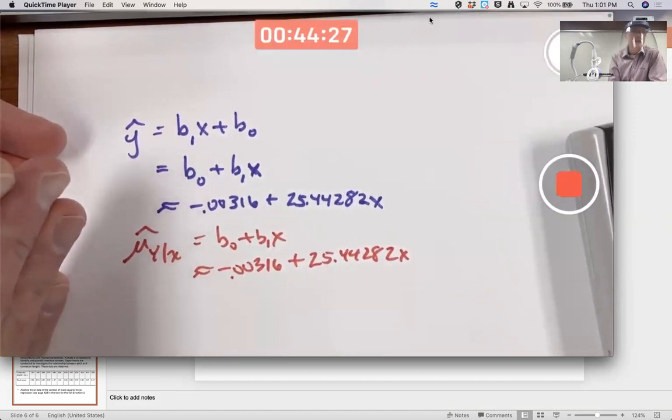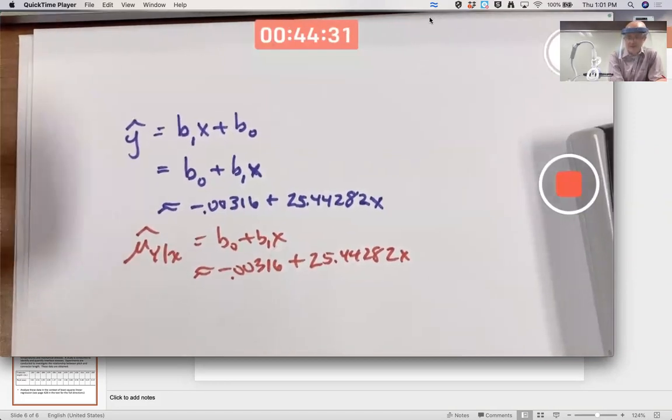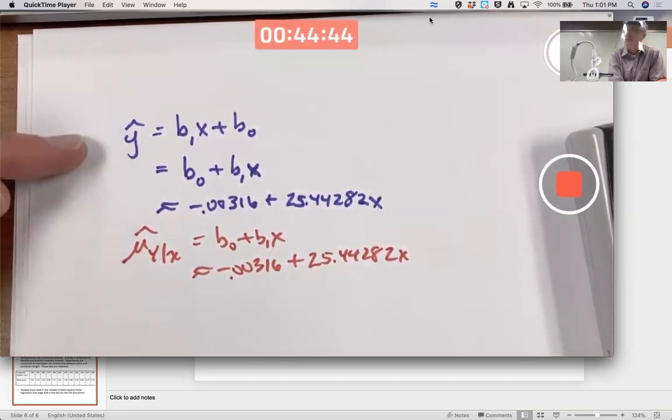You might think it's more valid, perhaps, to use it to estimate the mean, and that's especially true when your data are more spread out and not such a strong linear trend. Maybe more valid to use it to estimate the mean than individual values.